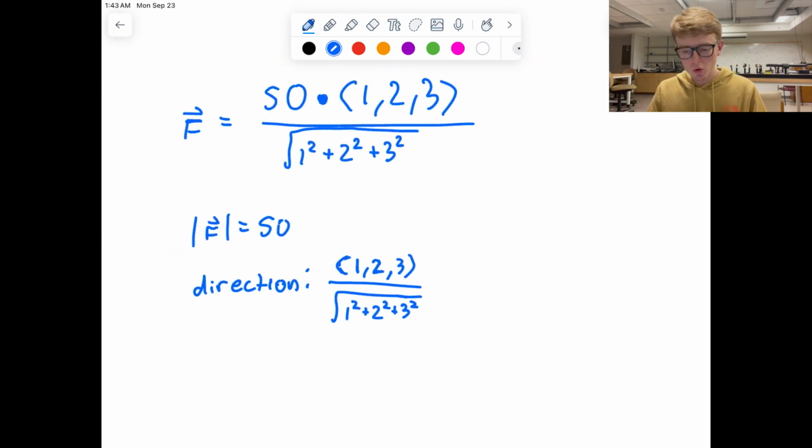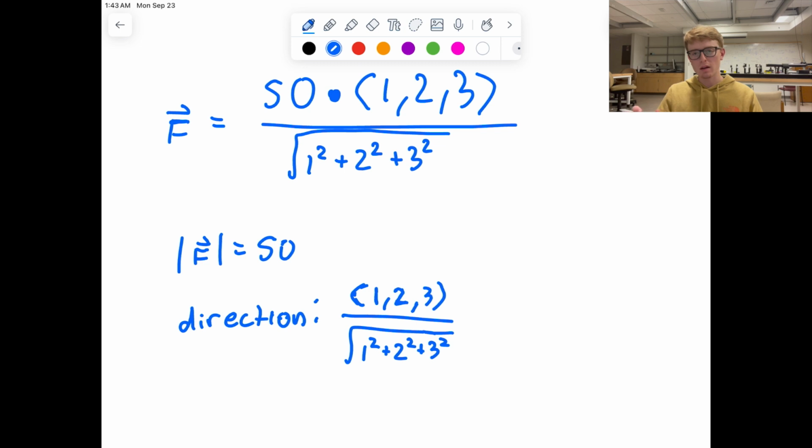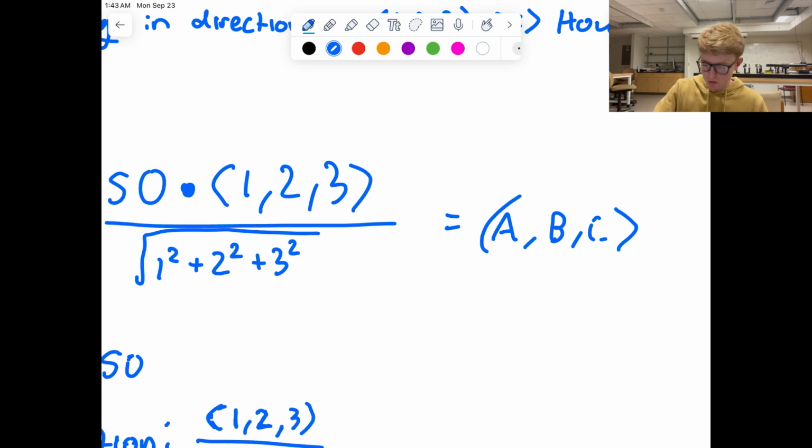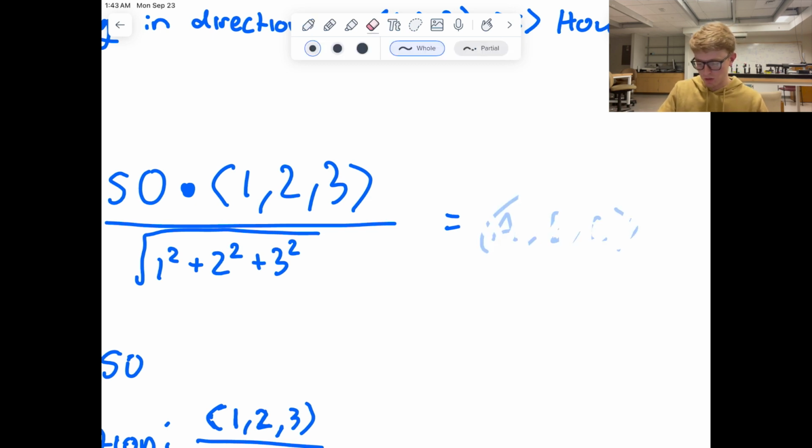And you could multiply all of that out, but I'm not going to do that. We'll just leave it in this form for now. You could multiply this out so that you get some number in this format, but it's not important for this problem. So we'll just leave it unsimplified.